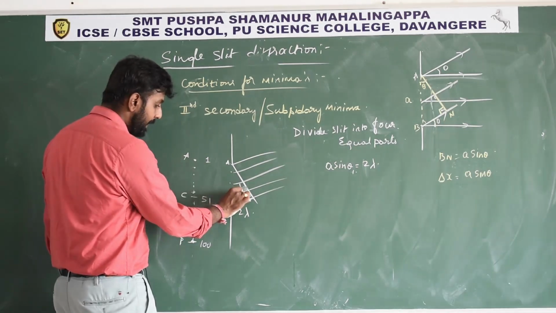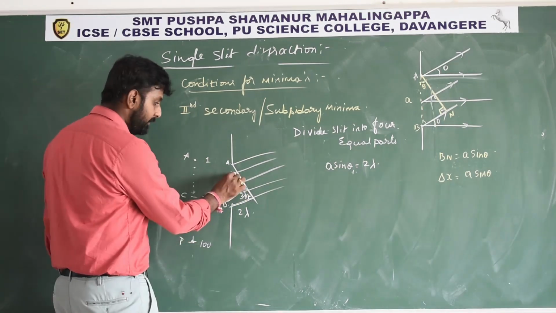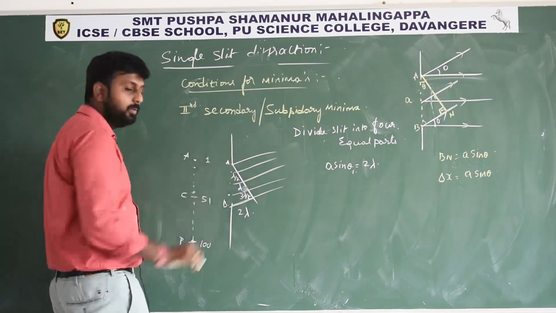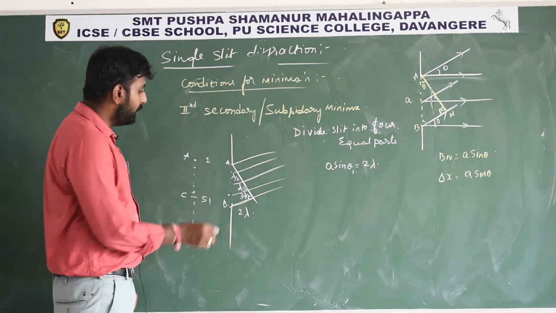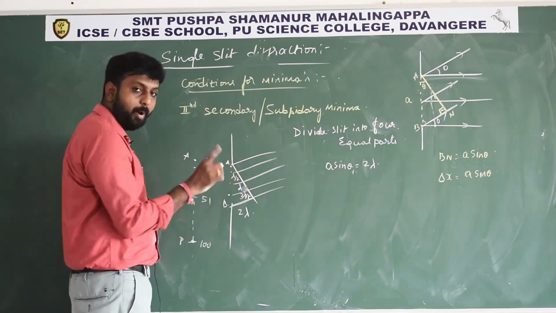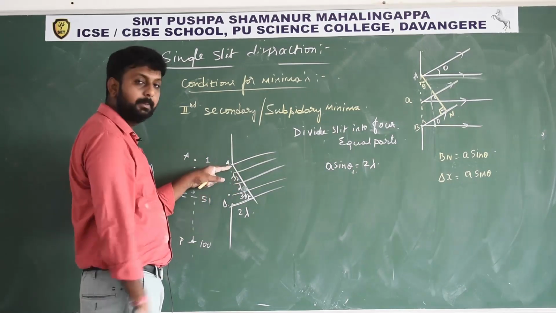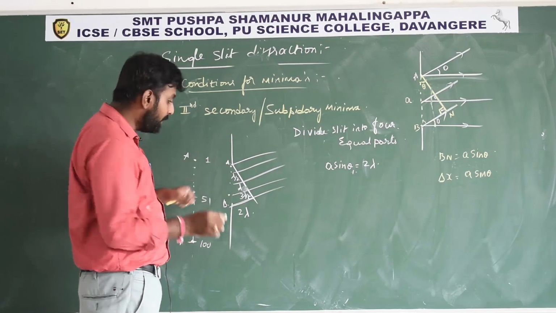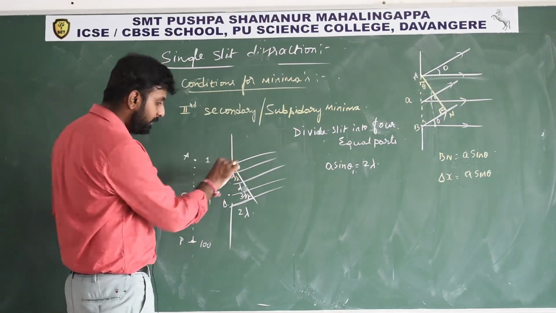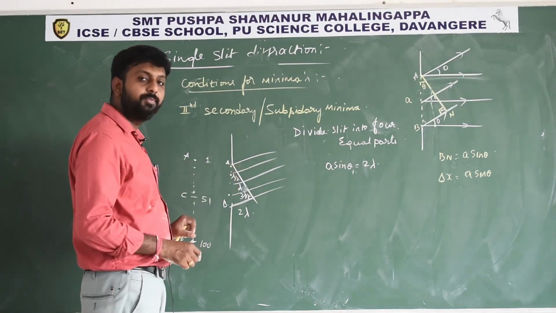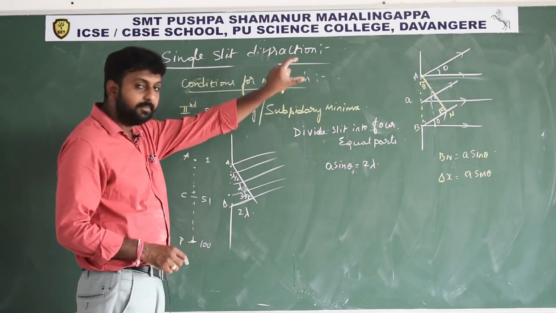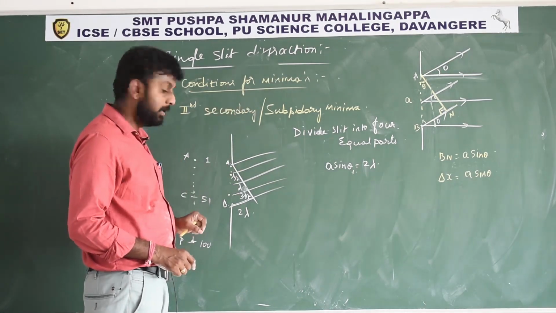And sorry, this will become lambda and this will become lambda by 2, isn't it? So you can consider a point in first upper half, and the corresponding point you will get in first lower half. Between them the path difference is lambda by 2.